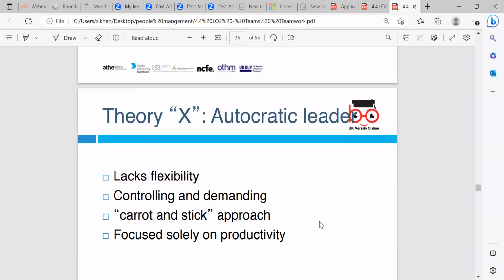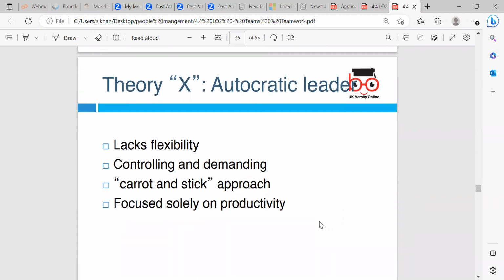Then you've got theory X, which is the autocratic leader, which lacks flexibility, controlling and demanding. So they want to control the situation. They're quite demanding. The carrot and stick approach, and it's focused solely on productivity.